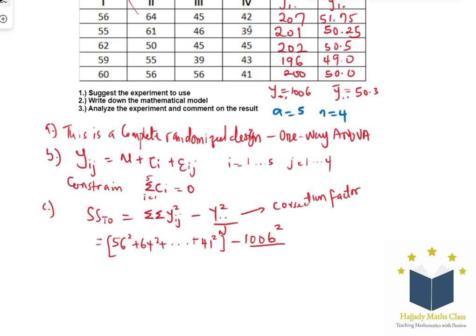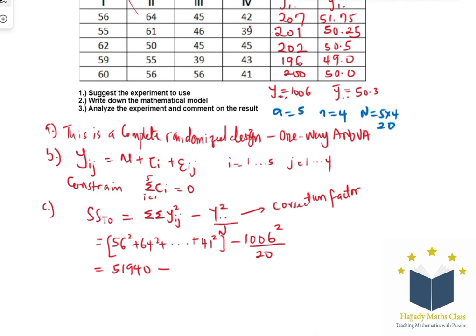So my capital N is 5 times 4, which is 20. Summing up the observations squared, here I'm going to have 51,940 minus the correction factor.